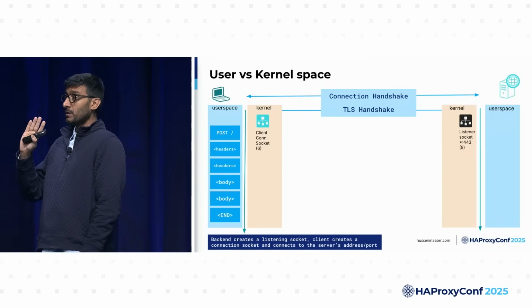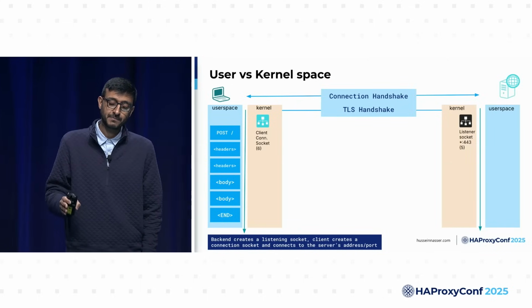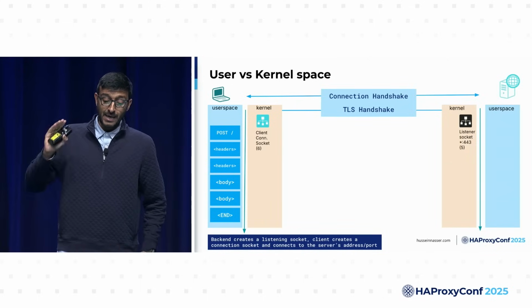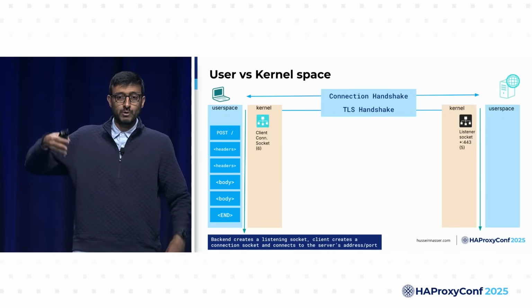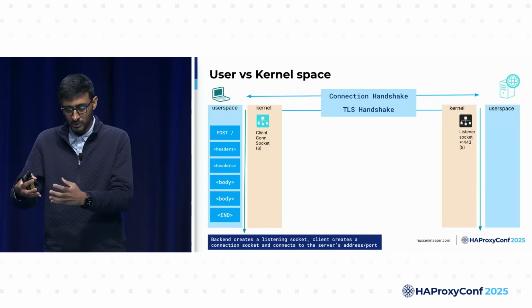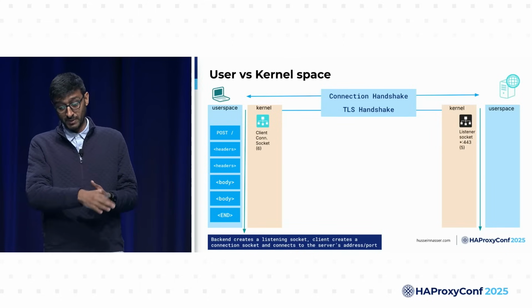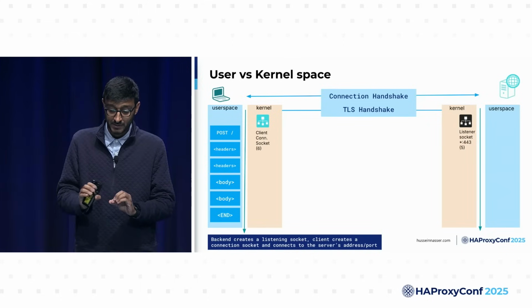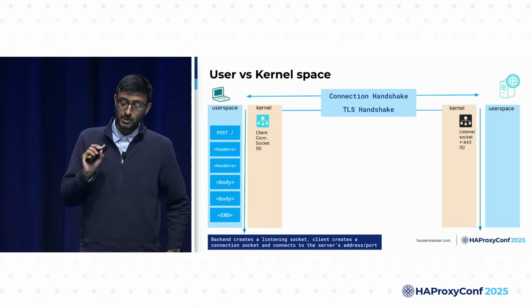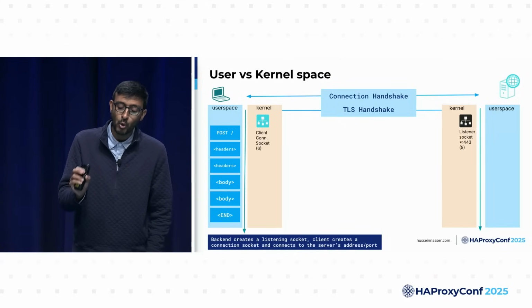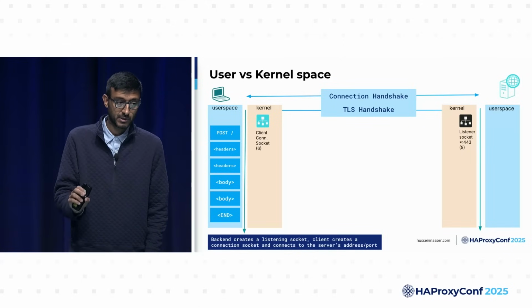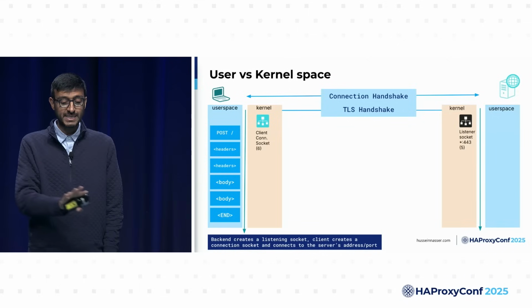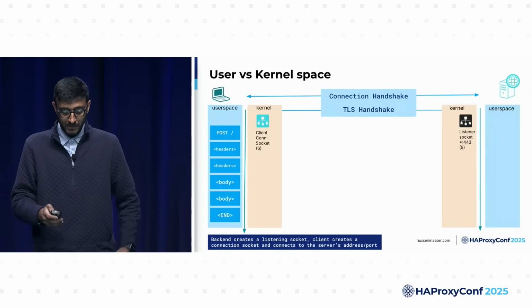On the right-hand side, we have the server side, and we listen because we need to listen on a specific port and address. In this case, I'm listening on all addresses. Mostly a bad idea when you do that. And essentially, when you listen on a specific port, you also get a file descriptor. That's a socket. We still don't have a connection yet, right?